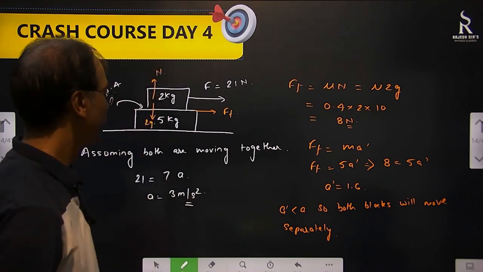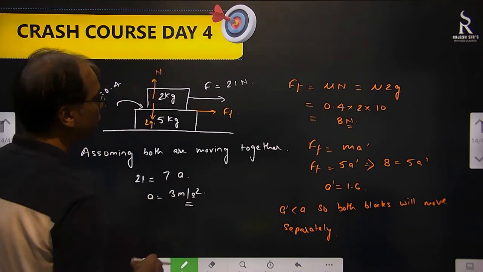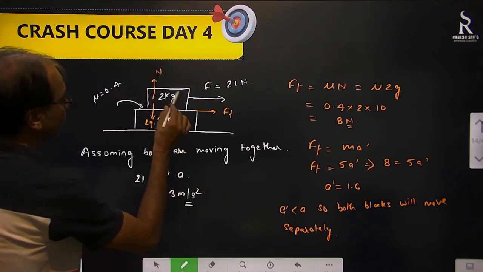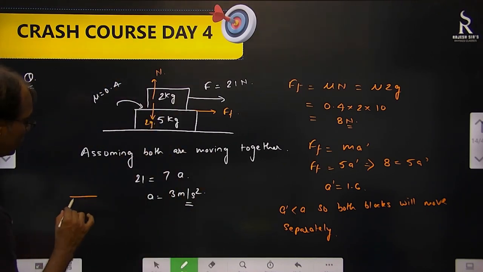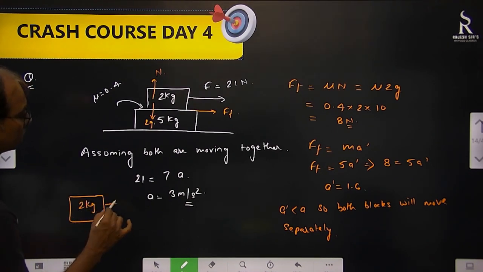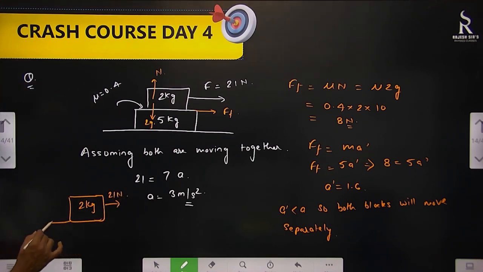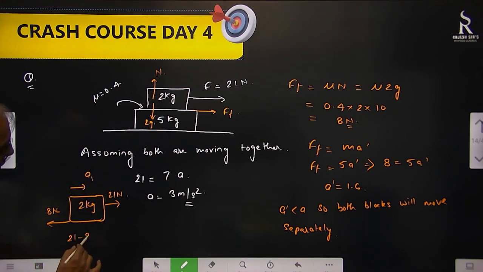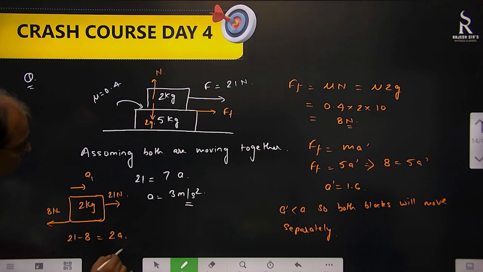Okay, right, then if they are moving separately, what can we do? Then make the free body diagram of the 2 kg block. This is 21 Newton, and here friction will be acting, 8 Newton. Then its acceleration: 21 minus 8 equals 2a1.